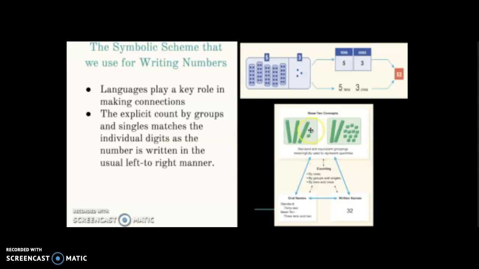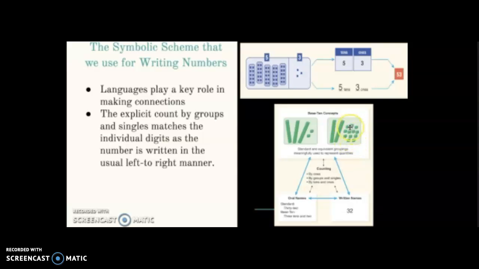So right here we have the base 10 concepts and the standard and equivalent groupings meaningfully used to represent quantities. Here we have three tens and 2 ones, and what happened is we used to have 12 ones: 1, 2, 3, 4, 5, 6, 7, 8, 9, 10, 11, 12.